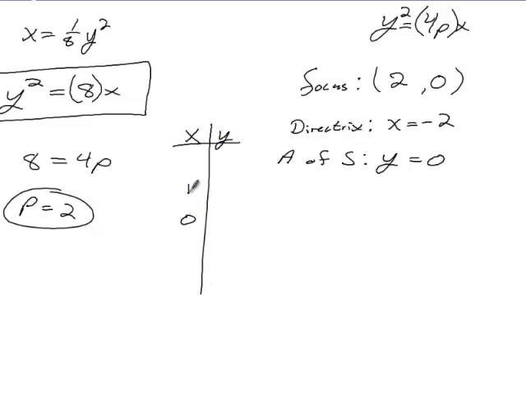Okay? So if I were to make an xy chart here, and I went my usual values, right? Plug in a 0 for x. What's 8 times 0? What's the square root of 0? Okay, plug in a 1. 8 times 1, square root of 8 is going to be plus or minus something.